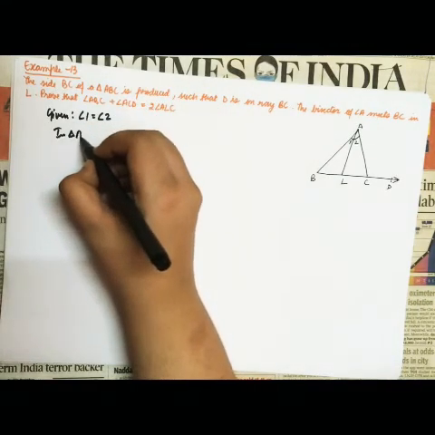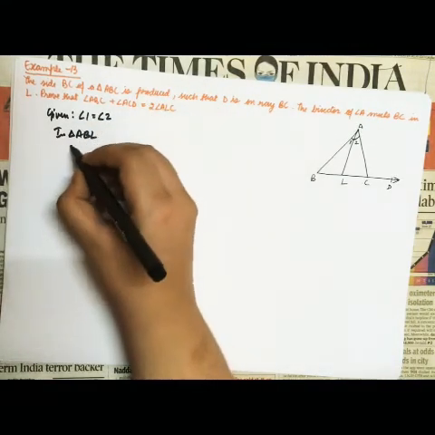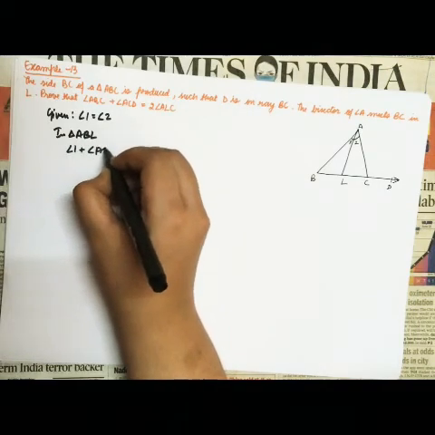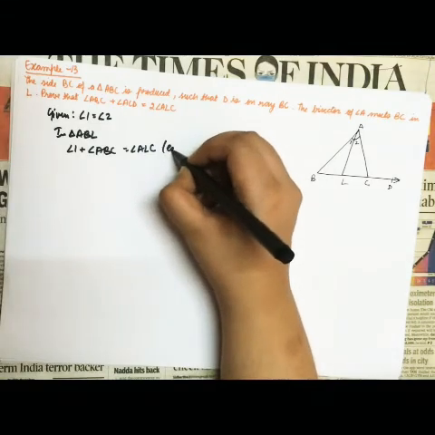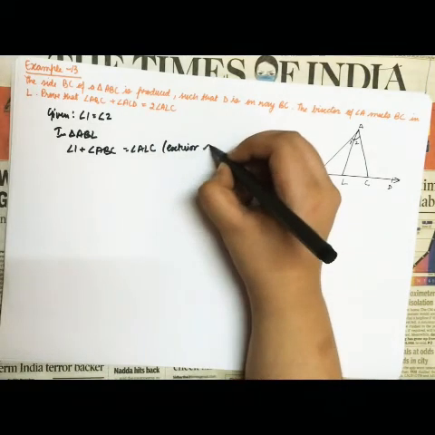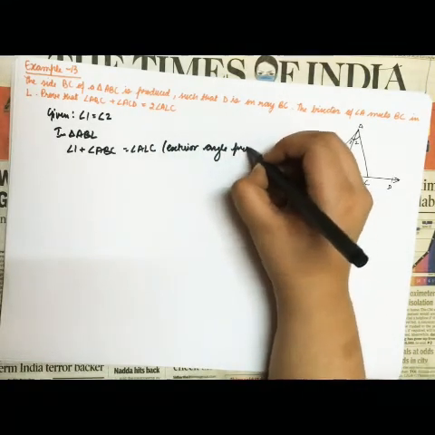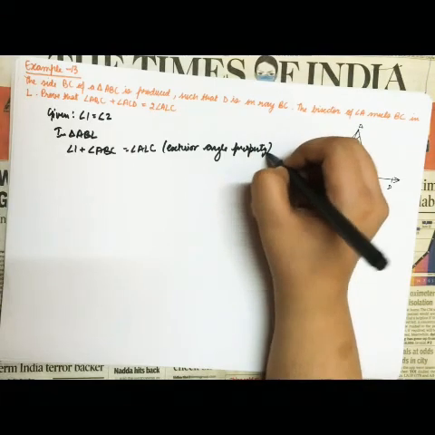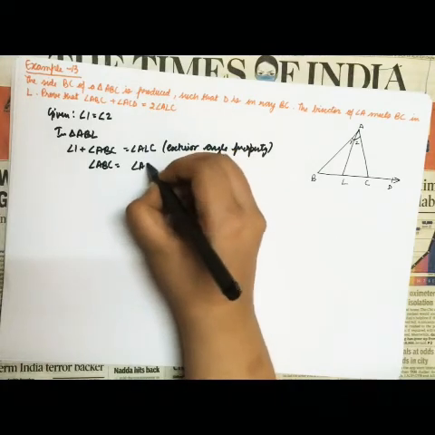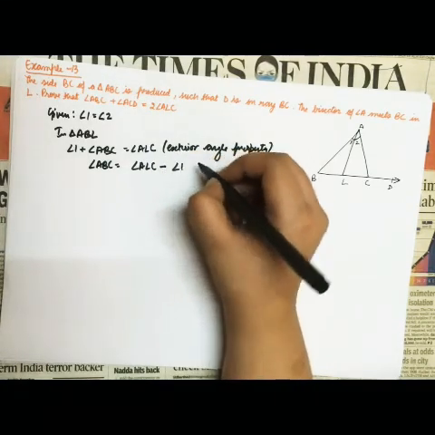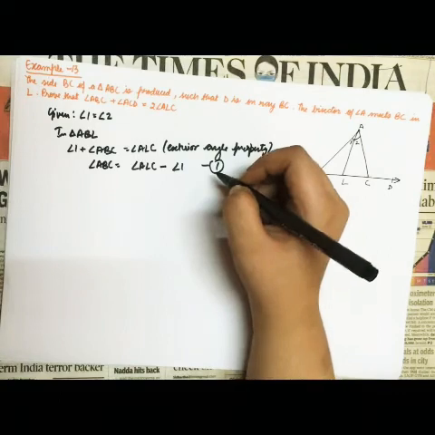Now in triangle ABL, angle 1 plus angle ABC is equal to angle ALC because of exterior angle property. Now angle ABC is equal to angle ALC minus angle 1. We will mark this as 1.